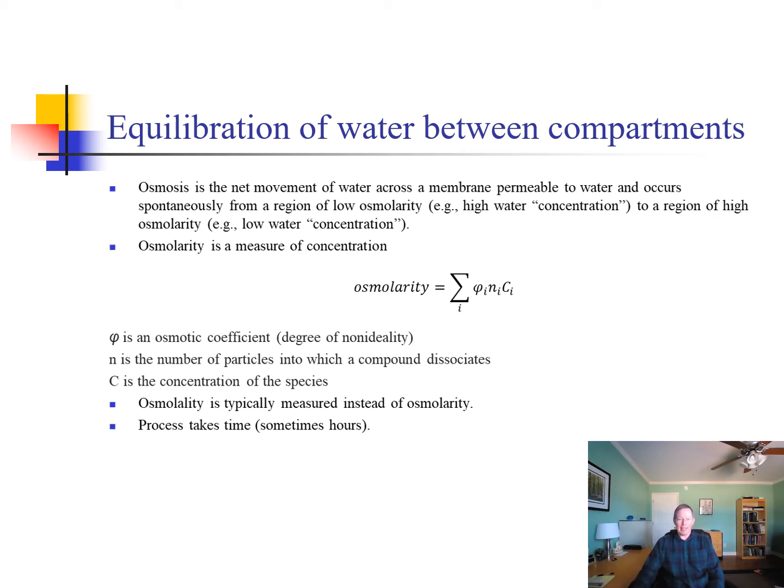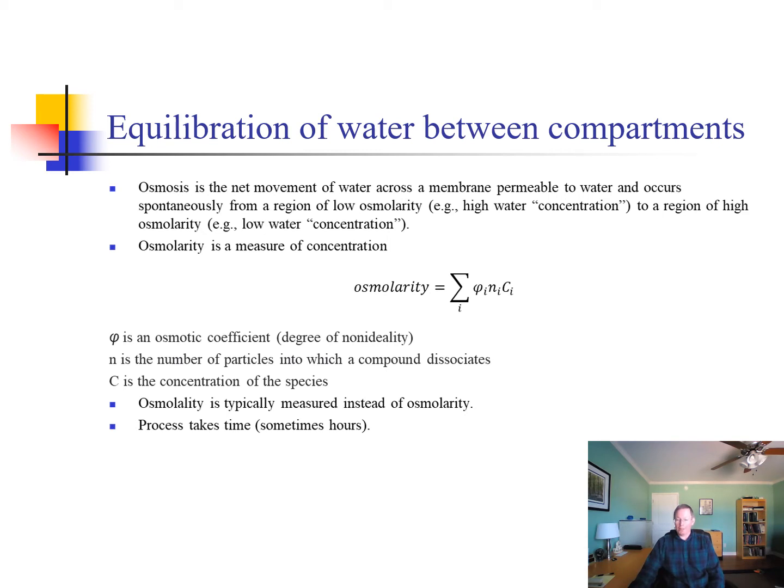There is an ideality or non-ideality constant here, which we won't concern ourselves with at this point, but there are drastic deviations from ideality. At this point, I'm not going to discuss that because that's getting into things that are much more advanced.